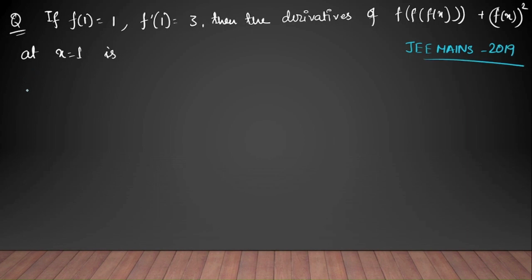The options are option A 33, option B 12, option C 15, and option D is 9. Pause the video and solve the question. After solving it, see my solution of the question.